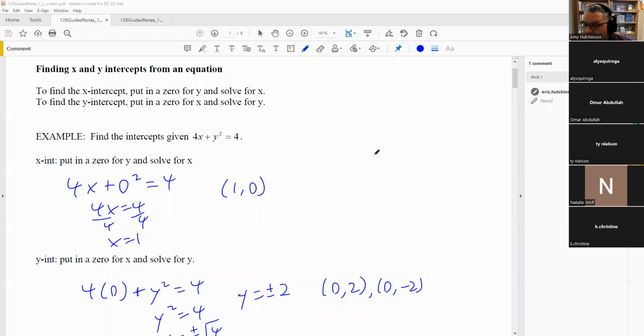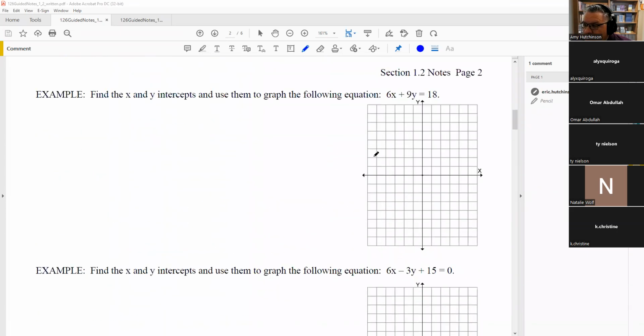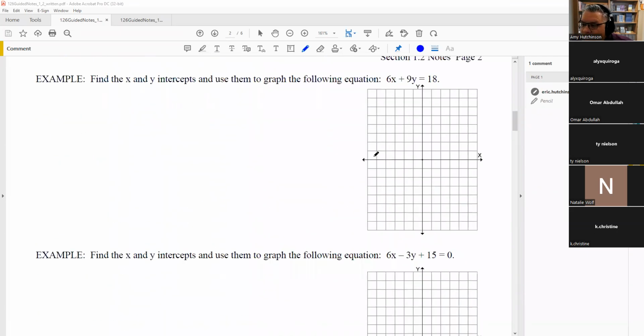Okay, so we'll continue with this one here. If I want to find the x-intercept, that means that y equals 0. So if I put that in here, I get 6x plus 9 times 0 equals 18. That's 0, that goes away, and we get 6x equals 18.